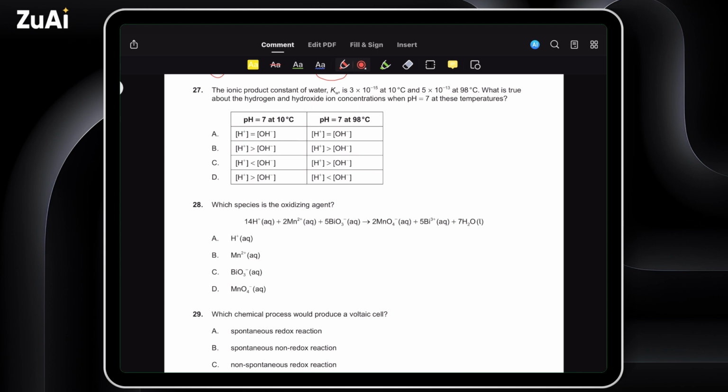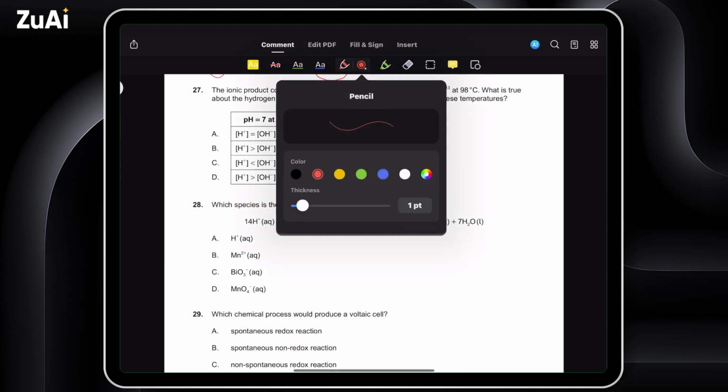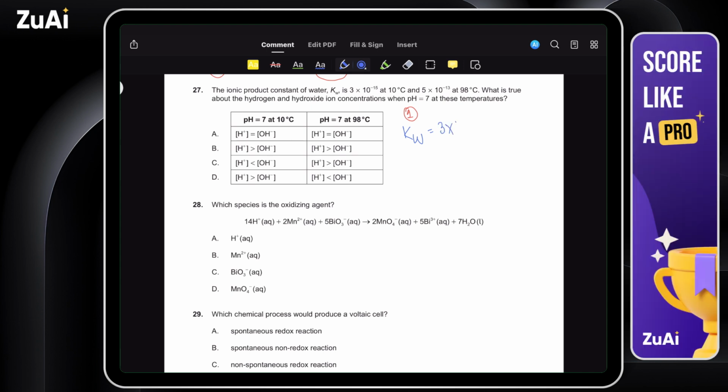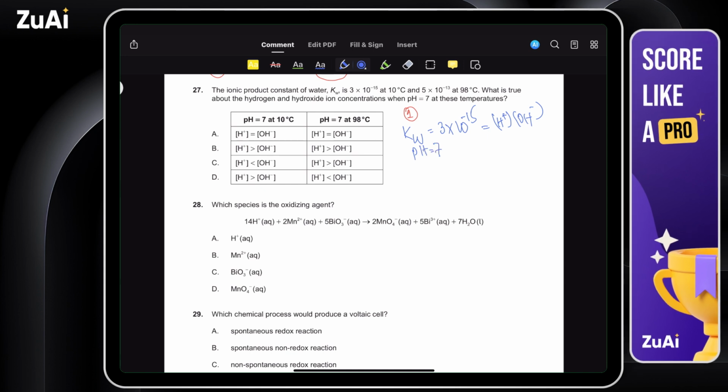So for the first one, Kw is equal to 3 into 10 to the power negative 15, which is equal to hydrogen ion times hydroxide ion at pH equal to 7.